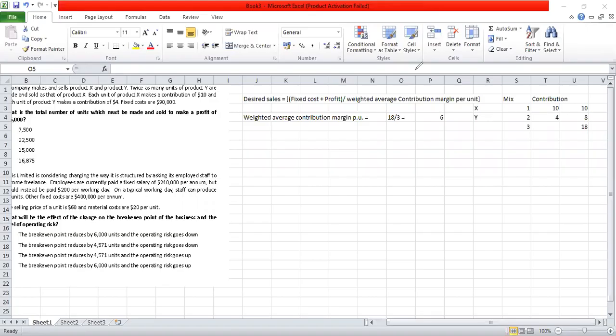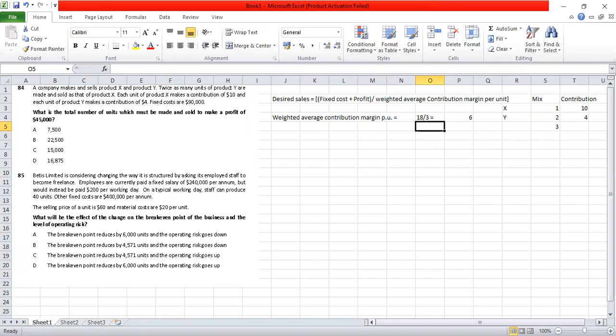Then the numerator: how much is fixed cost? Fixed cost is 90,000 and they want to earn a profit of 45,000.